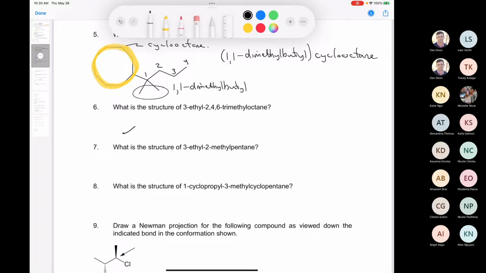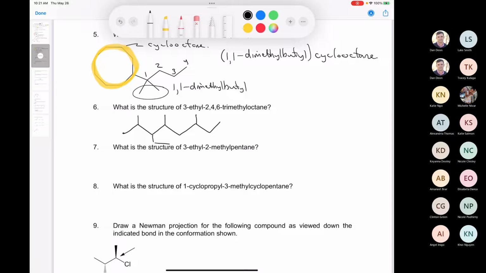So I have 1, 2, 3, 4, 5, 6, 7, 8. On carbons 2, 4, and 6, I put methyl groups. And on the third carbon, I'm going to put an ethyl. I don't have a lot of space here, so I'll kind of write it like that. But there you go. There's 3-ethyl-2,4,6-trimethyloctane.